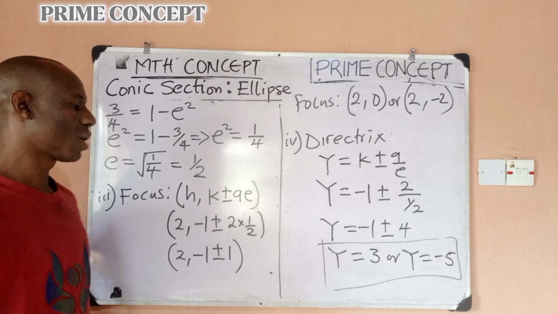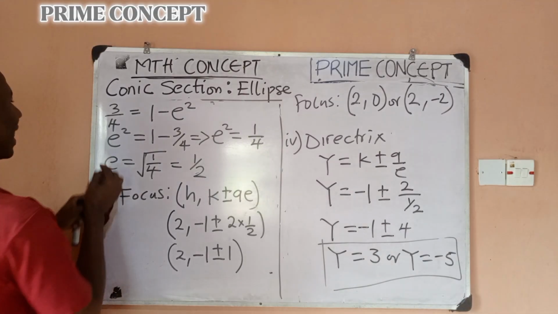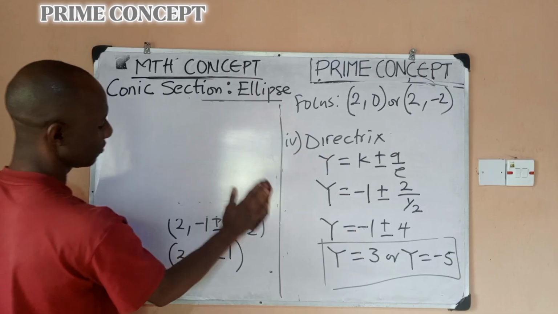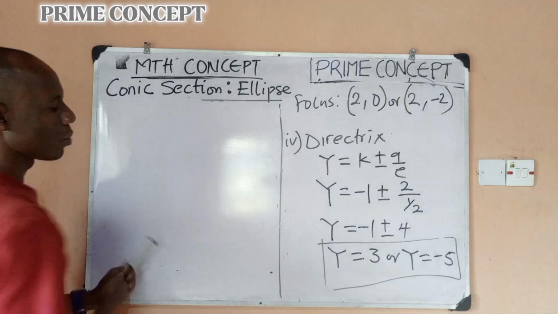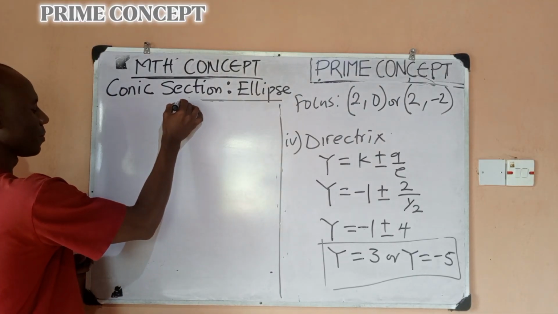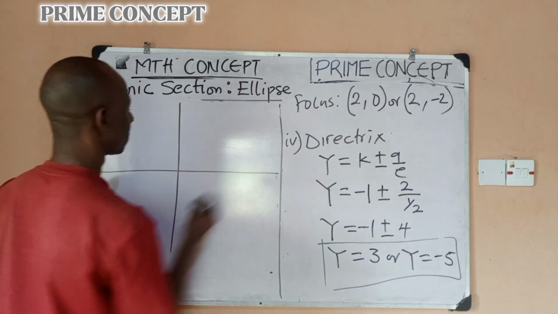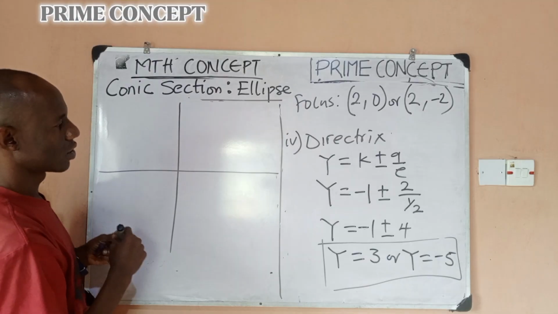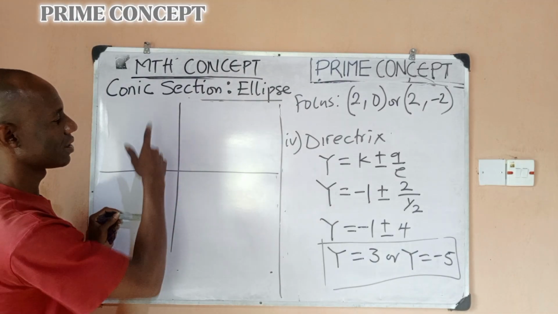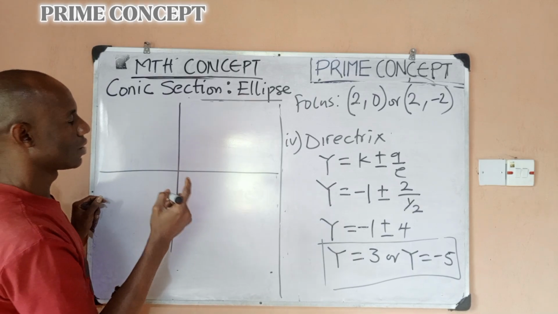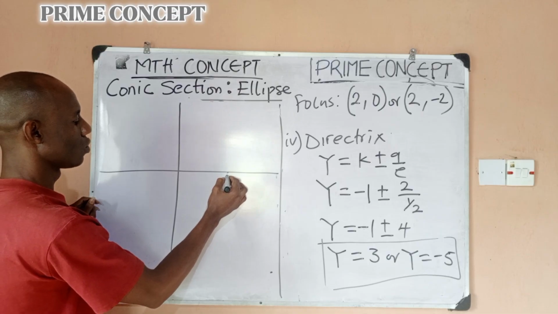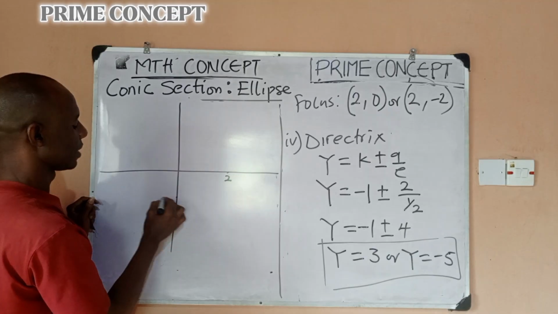So if you actually want to sketch this ellipse, it will be very simple to sketch. I've rubbed most of my values because of my small board. But say we want to sketch this, I'll just give a rough sketch. Remember the center is no longer the origin, and the major axis is the y-axis. Our center is 2 comma minus 1. So let's say this place is 2, and this place is negative 1.